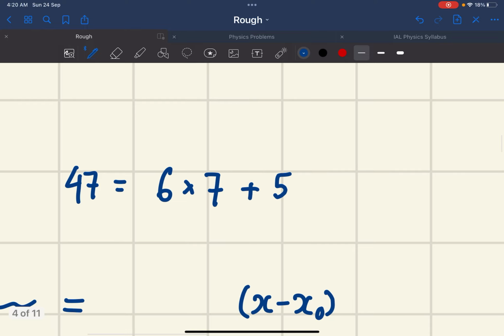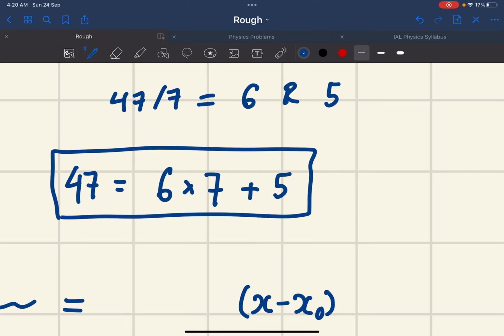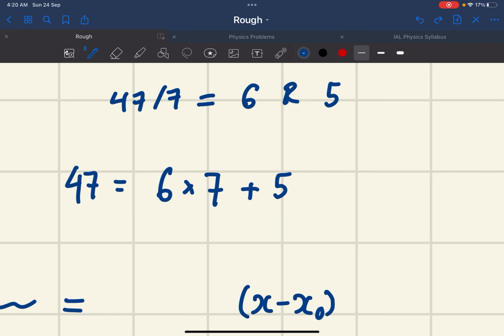So, right? 47 divided by 7. This is how you normally write it. 47 divided by 7 equals 6 with a remainder of 5. This is what it also means, right? That 47 is equal to 6 lots of 7 plus a remainder of 5.